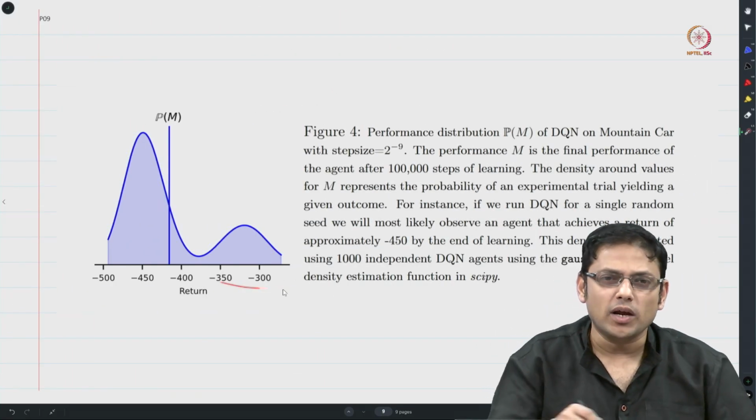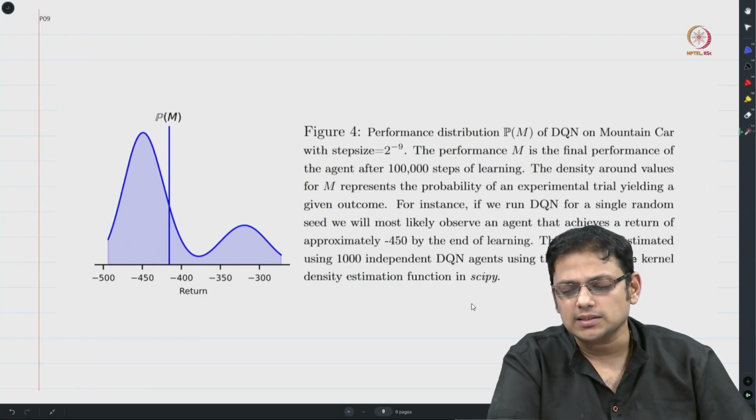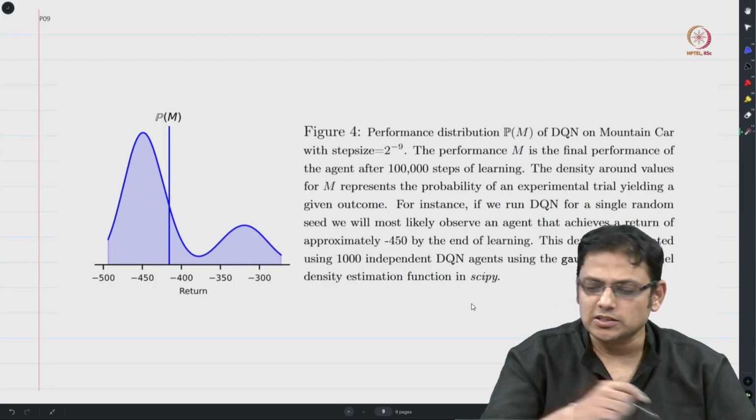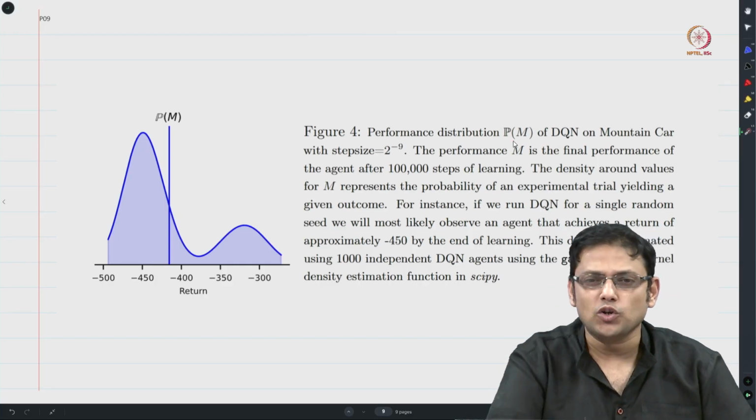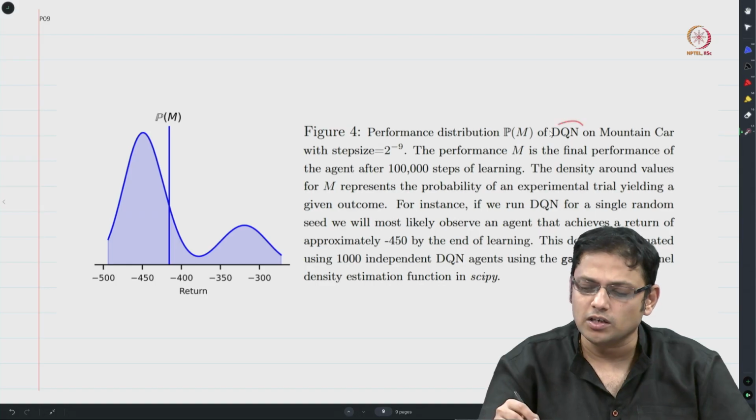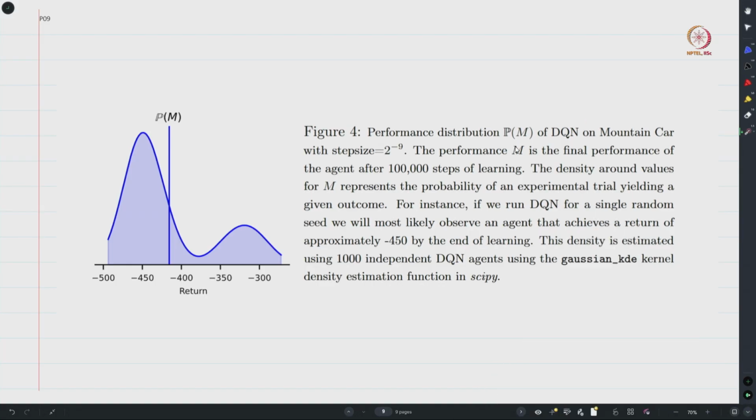If you look at this figure over here, this corresponds to the performance of a variant of Q learning algorithm. Here in fact they work with DQN, which is basically Q learning using nonlinear function approximation. In particular they make use of a neural network, and hence the D over here stands for deep Q network.